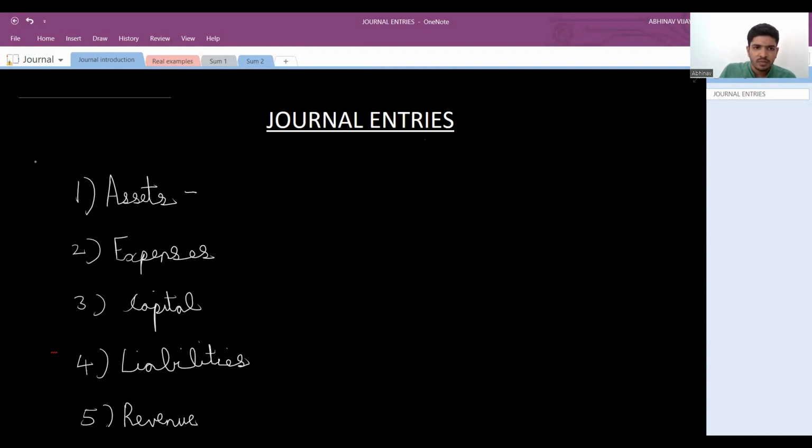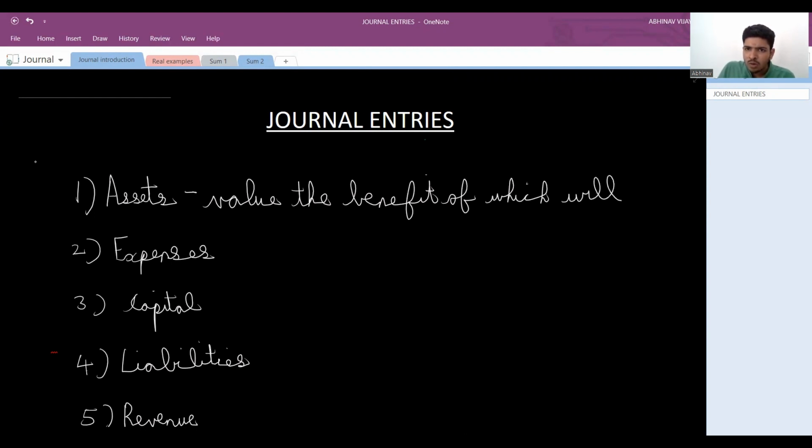Assets: value, the benefit of which will be taken in future.